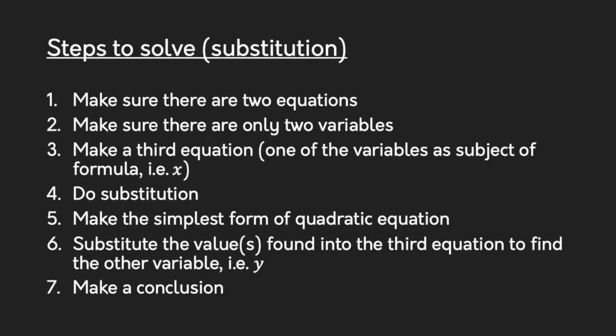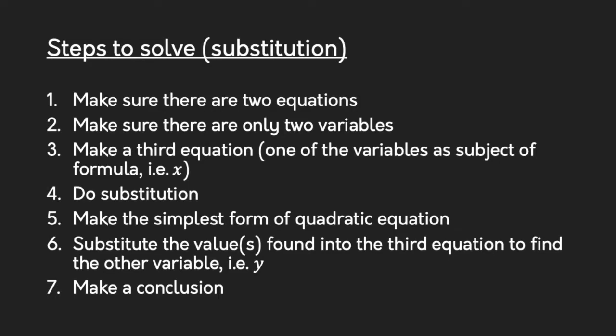Right now, I'm going to show you how to solve, step by step, systems of equations involving linear and nonlinear. First of all, make sure there are two equations, equation 1 and equation 2. Then you need to make sure that there are only two variables.